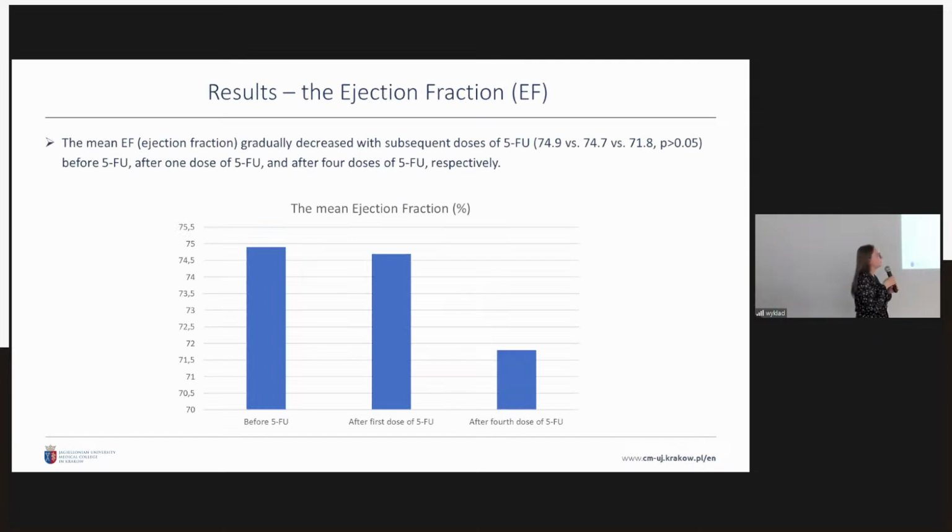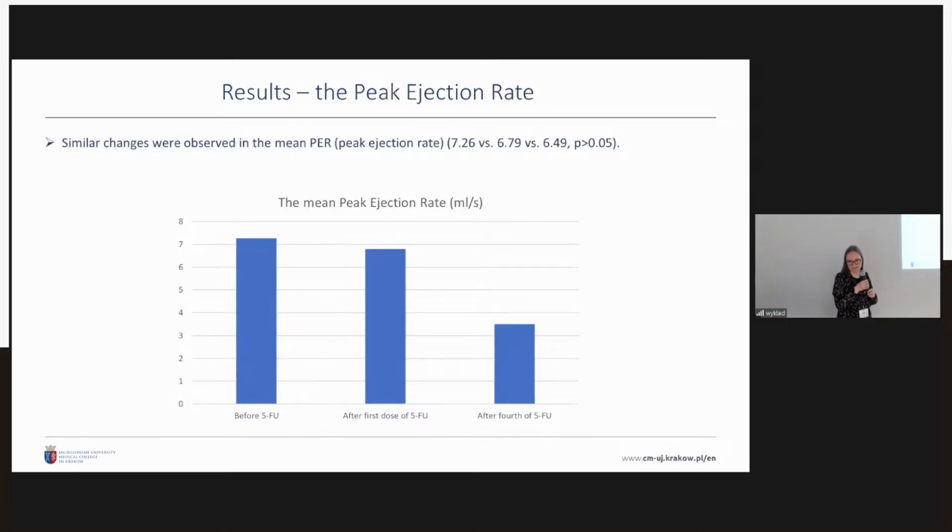And now I will present an overview of the results. On this chart, we may see that the mean ejection fraction decreased gradually after subsequent doses of 5-fluorouracil. Furthermore, the mean peak ejection rate also gradually decreased after subsequent doses.